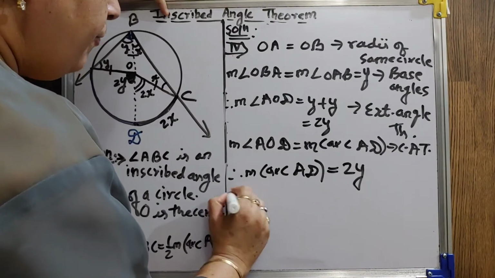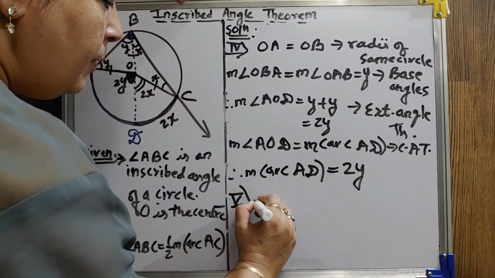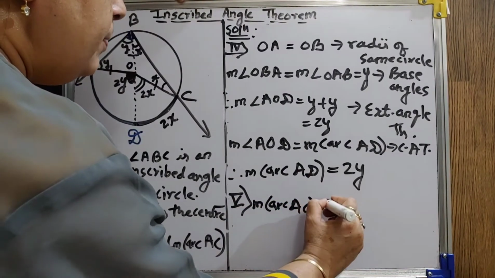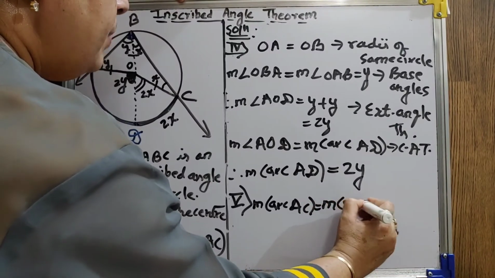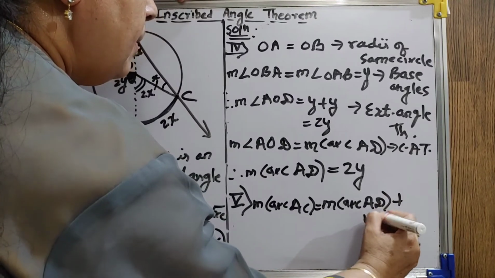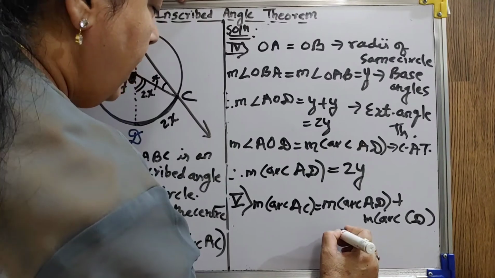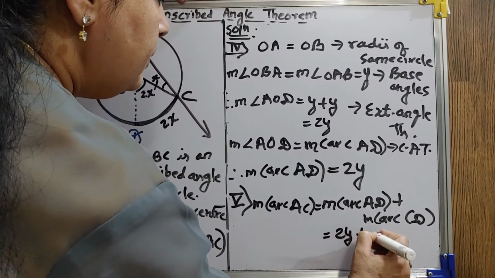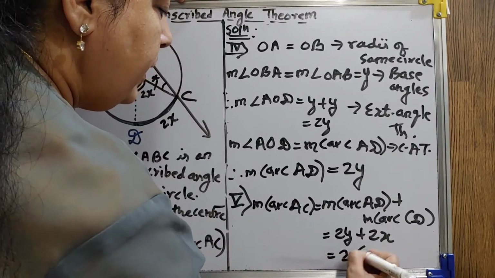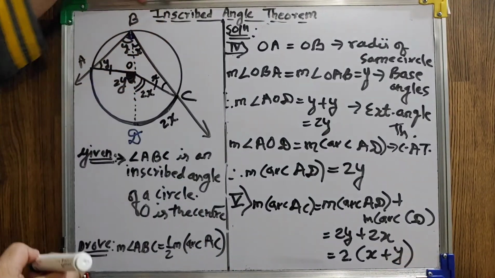Now, in the fifth point, I can find out the full arc AC. My full arc AC will be the sum of the measure of arc AD plus the measure of arc CD. This I got 2y. This I got 2x. If I arrange alphabetically and take 2 common, it is 2 in the bracket, x plus y.